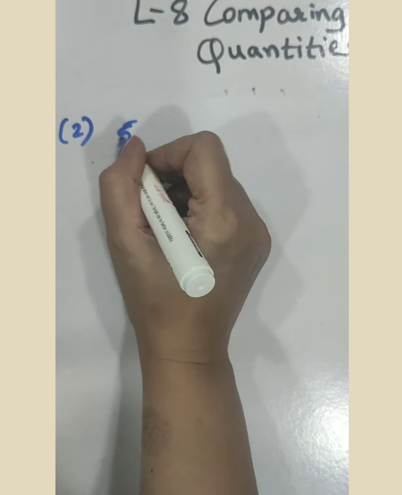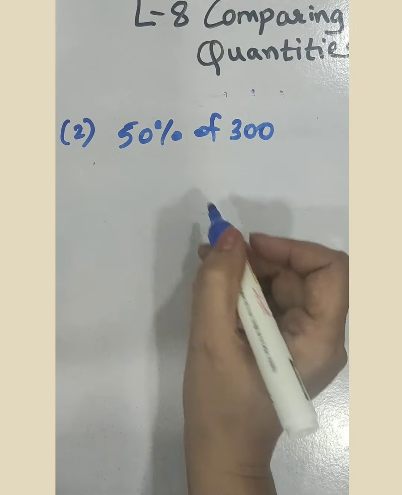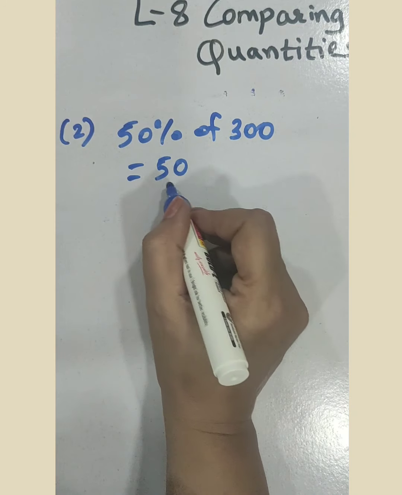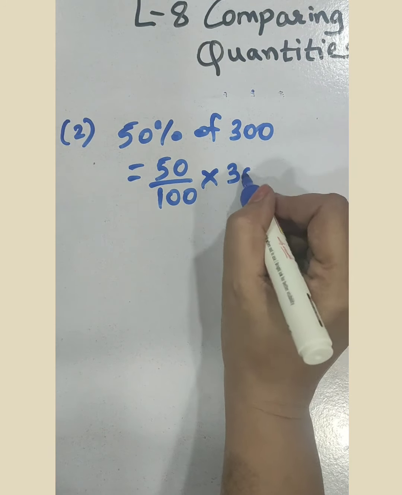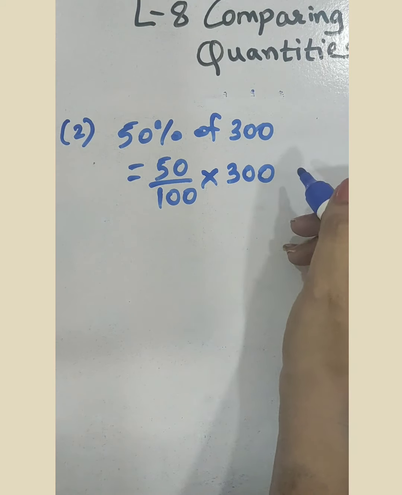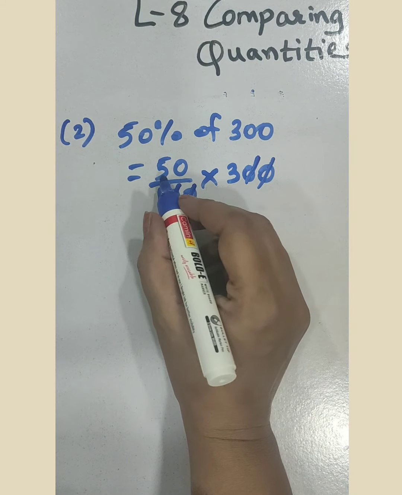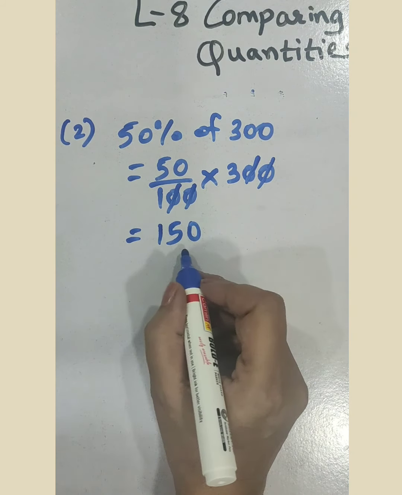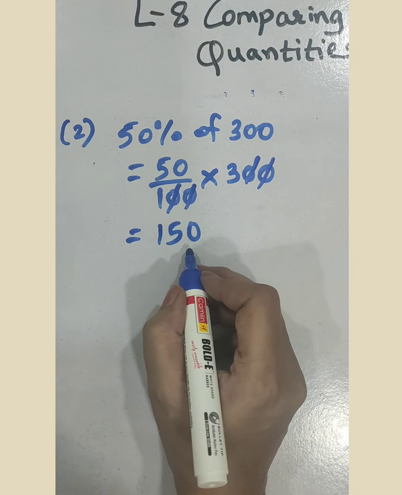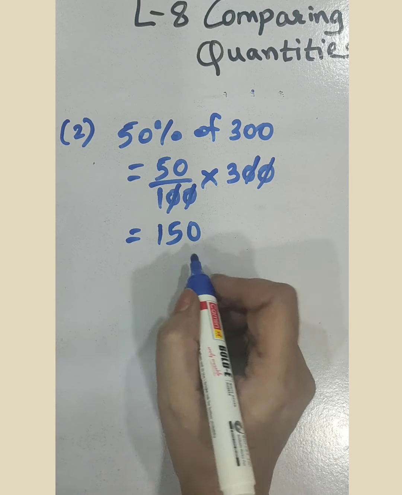So I have to find 50% of 300, which will be equal to 50 upon 100 multiplied by 300. If I do the cancellation, both zeros will get cancelled. So I will get 5 3s are 15 and one more 0. So that is 150 parents who did not help their children.